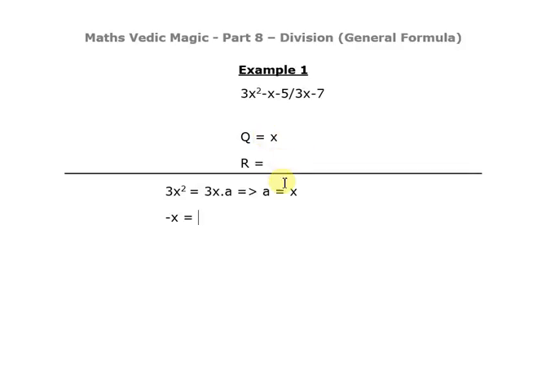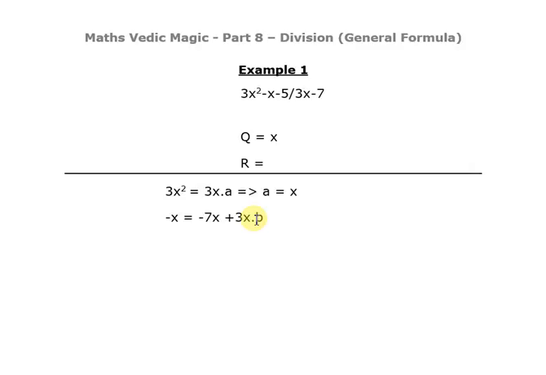The first term of the quotient that you got is x, so it has to be multiplied by the second term of the divisor, minus 7x, because it's a cross multiplication, plus 3x times b, which is 3x into some number whose power of x is 0.